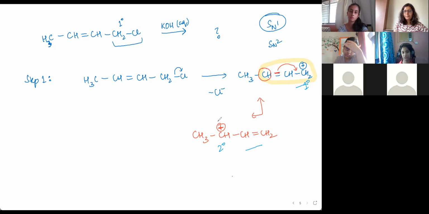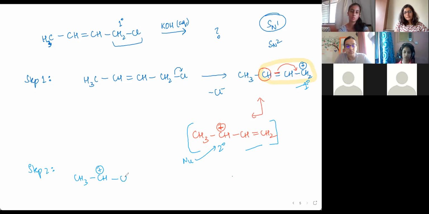So it's going to spend more time in this form because this is more stable. So in your step 2, the nucleophile will come attack this one here. So CH3, CH, CH double bond CH2 plus OH minus is the nucleophile because I took aqueous KOH.